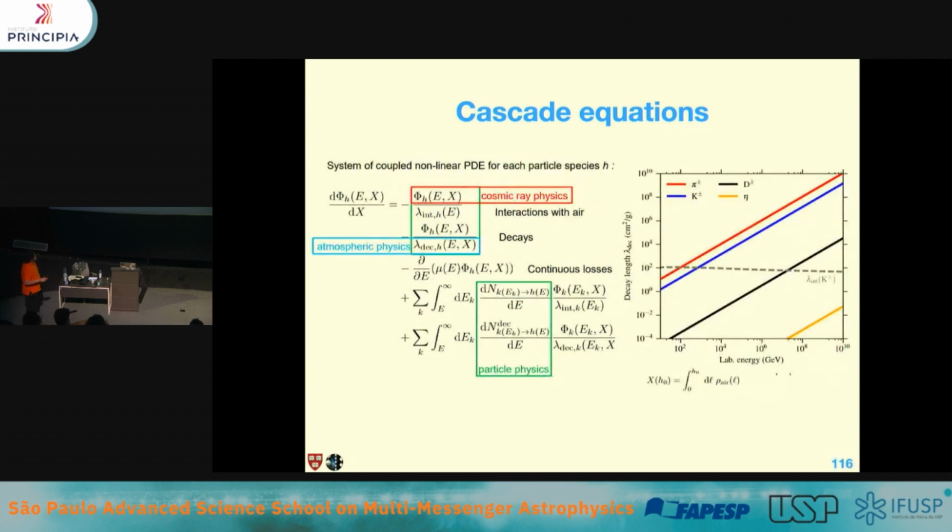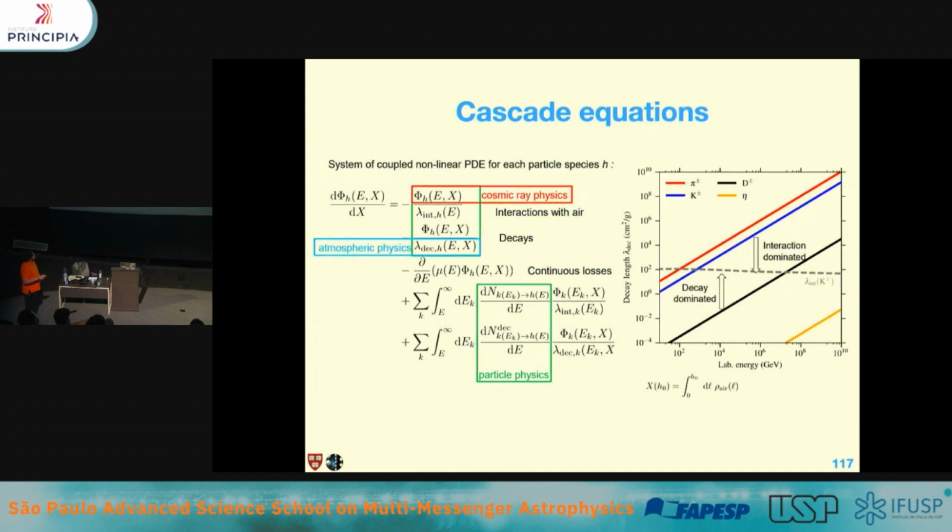There are actually two different regimes. Here you have the energy in the laboratory frame of the meson, and here is the decay length of a given particle. When you are below this line, you are dominated by decay. That means that, for example, a D meson of 10 to the 4th will essentially decay instantaneously.